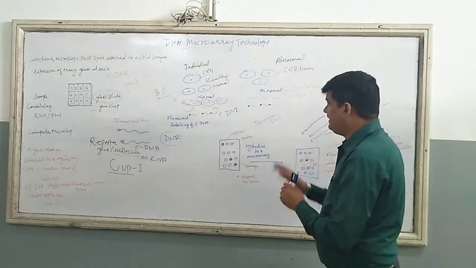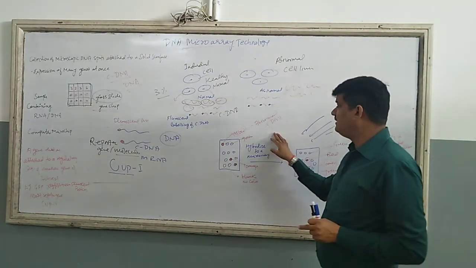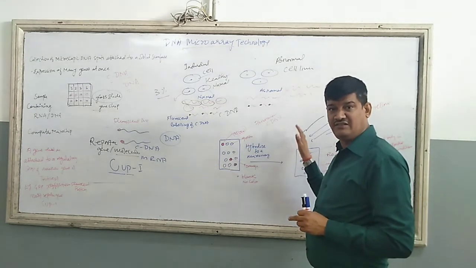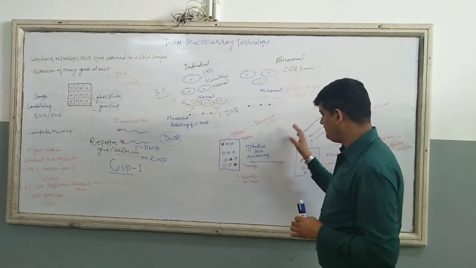The key observation is that yellow dots reveal abnormal functioning of the gene, that is, the diseased cells or the chromosome containing the diseased DNA.